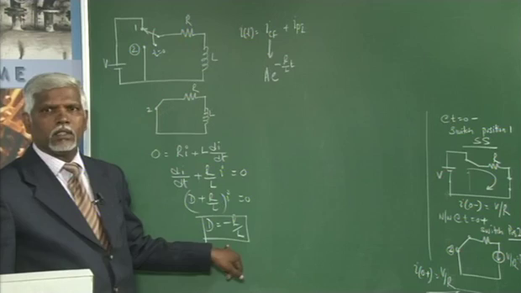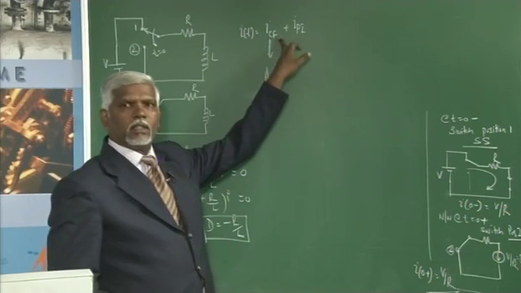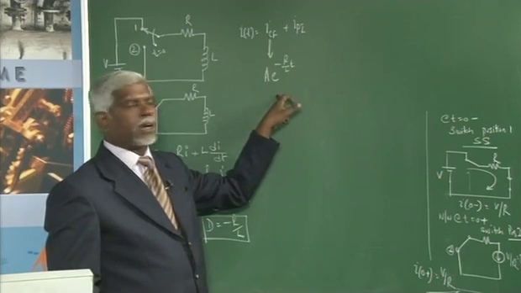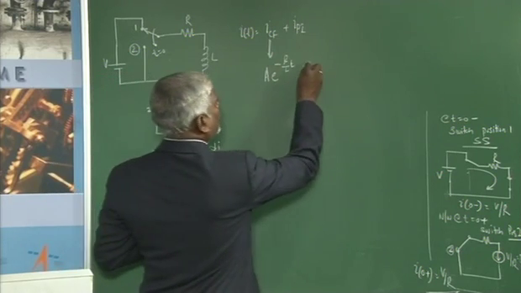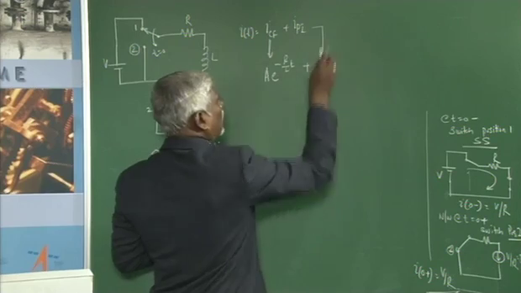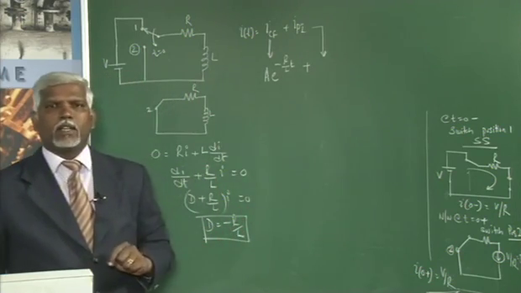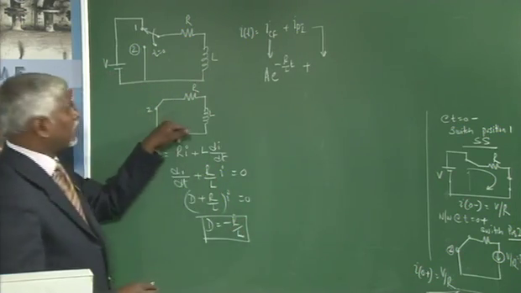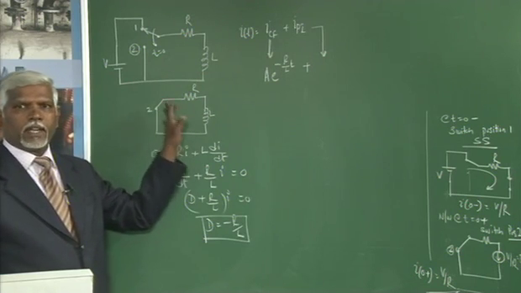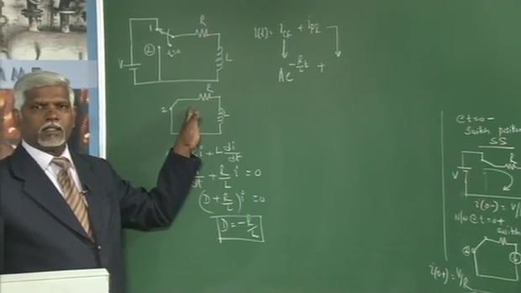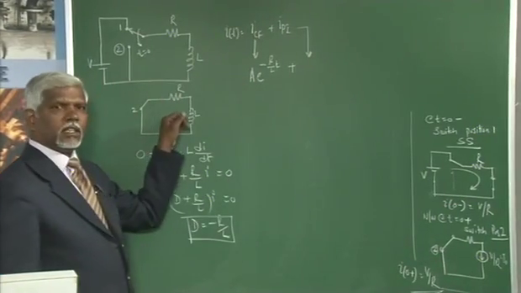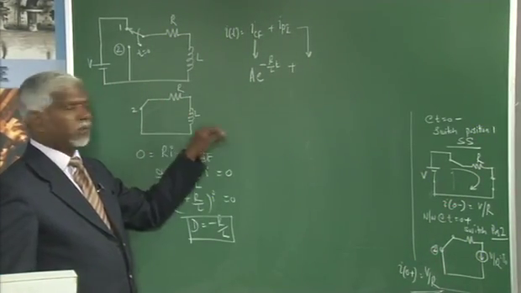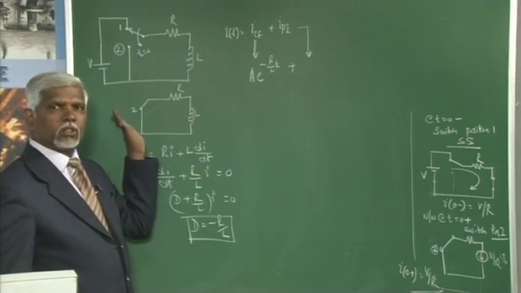This is the transient part of the current, which dies down with time, plus the particular integral. What is the steady state value of the current? Steady state value in this loop will be 0. Finally, what will be the current here? Initially the inductor acts as a current source, but finally it acts as a short, and there will be no current because there is no forcing function, no voltage applied.